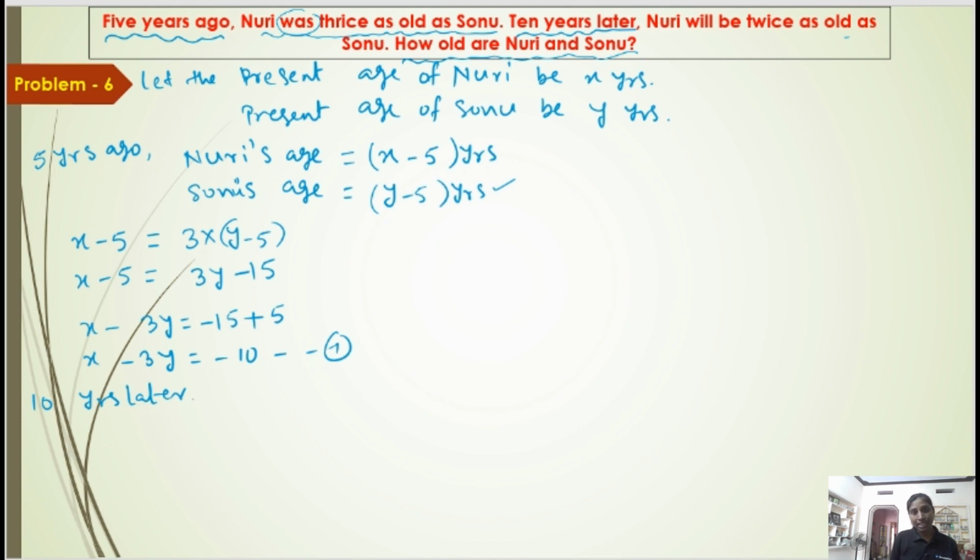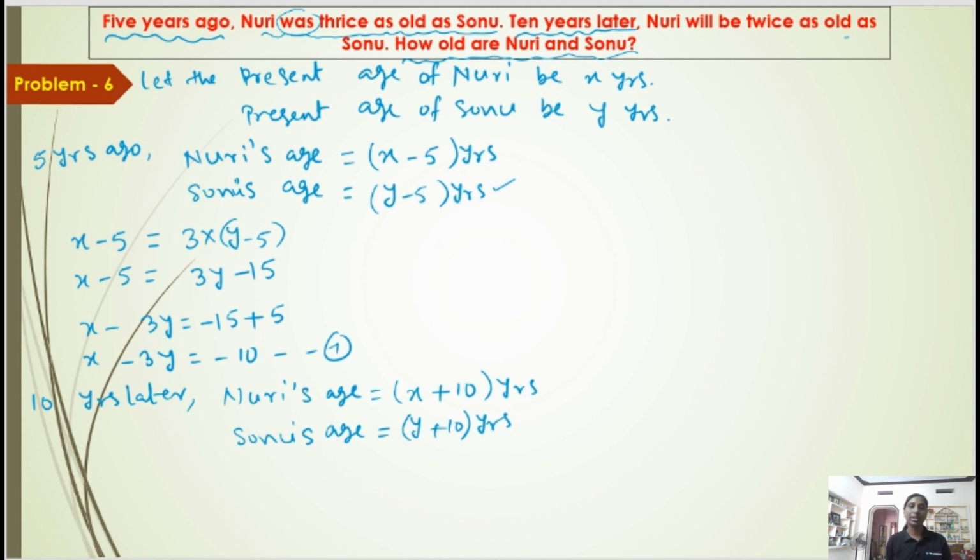So 10 years later, Noori's age is equal to, what is her present age? x. 10 years later means x plus 10 years. And Sonu's age: present age of Sonu is y, so y plus 10 years.